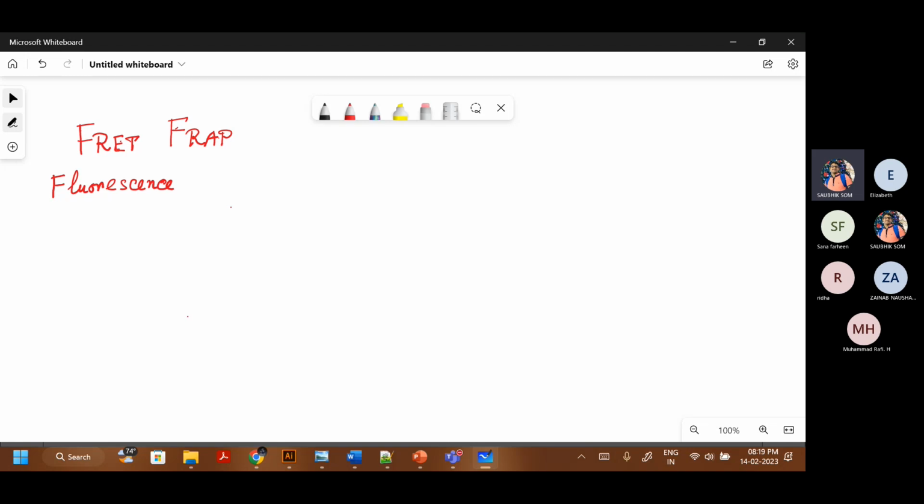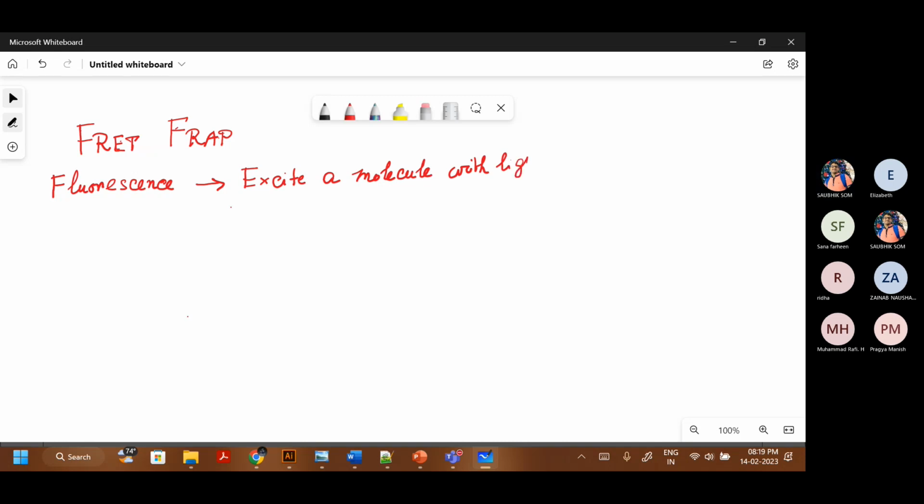In very layman language, fluorescence is like if you excite a molecule with light, it gives you back some light of a higher wavelength.